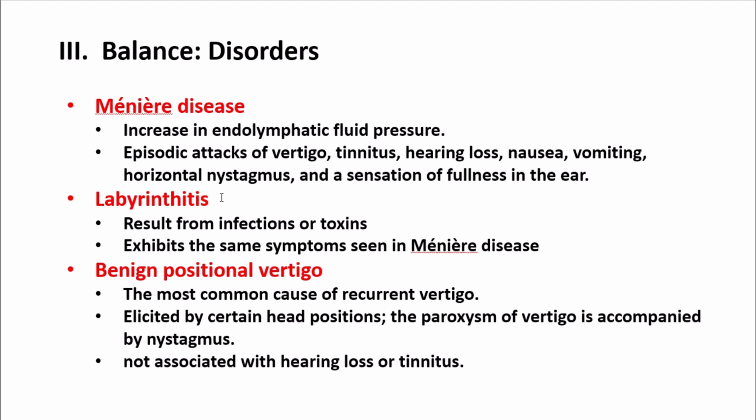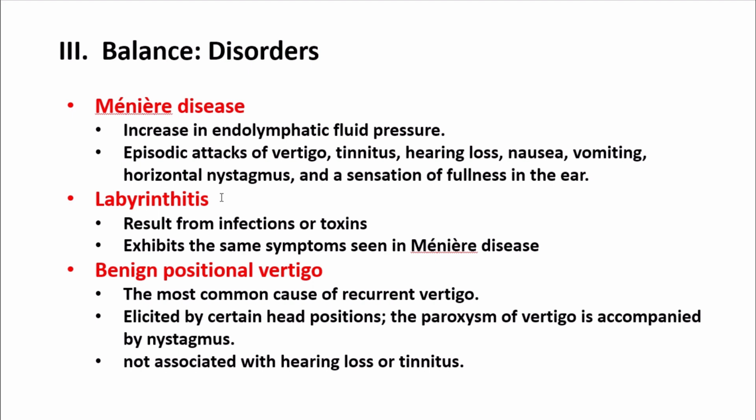Labyrinthitis is usually an infection. Viral infection is more common. Also, some toxins like alcohol, quinine, and salicylate like aspirin can cause labyrinthitis. And benign positional vertigo is from those otoliths that I talked about before. In some people, those otoliths dislodge and go to the semicircular canal.